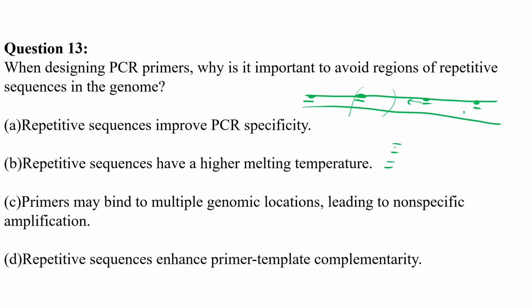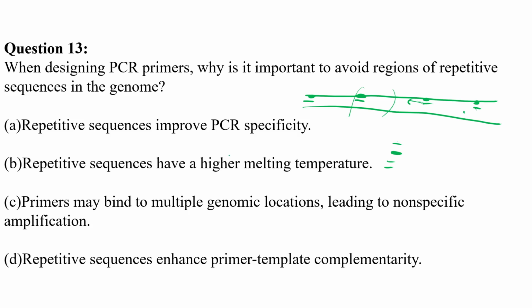When we analyze the DNA in a gel, along with the band of the gene of interest, we will get other bands on the agarose gel electrophoresis, which is because of the non-specific amplification. So that's why primers may bind to multiple genomic locations if we use repetitive sequences in the genome for designing the primer.